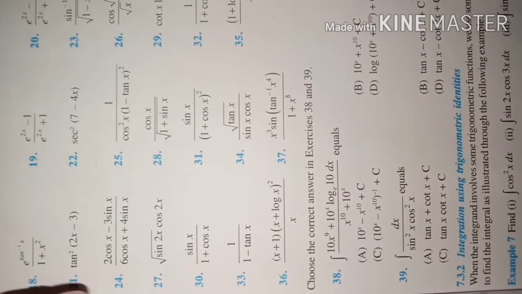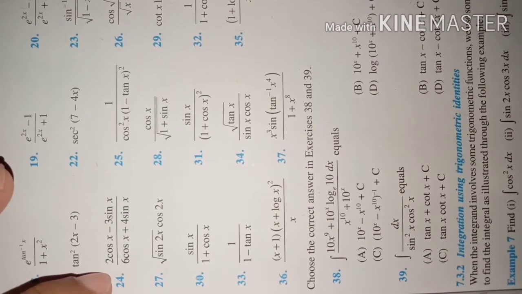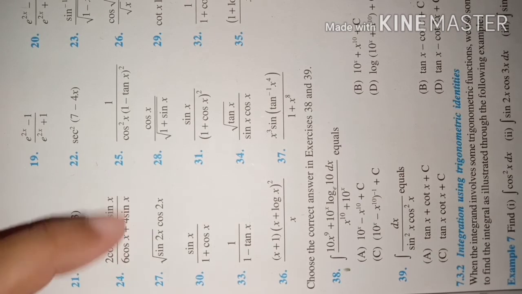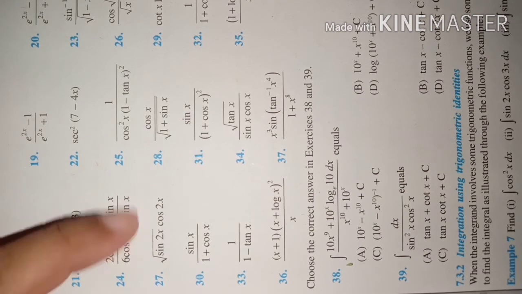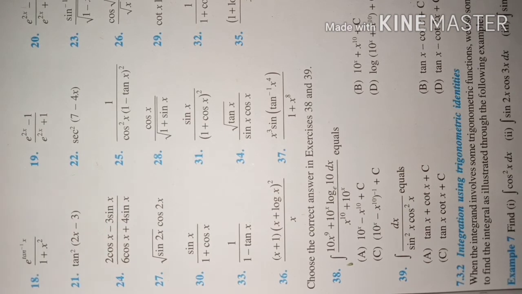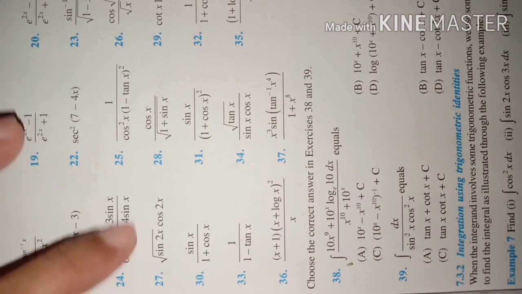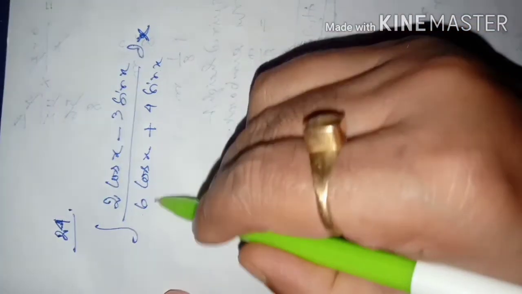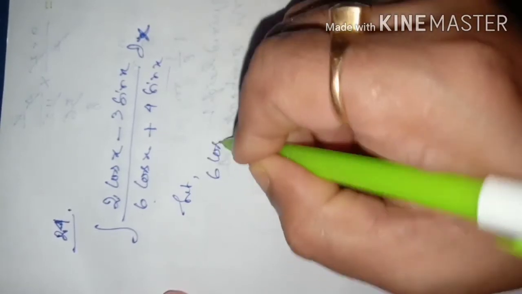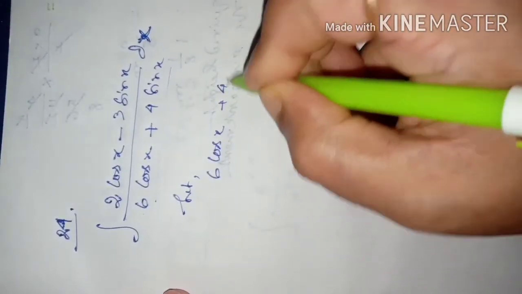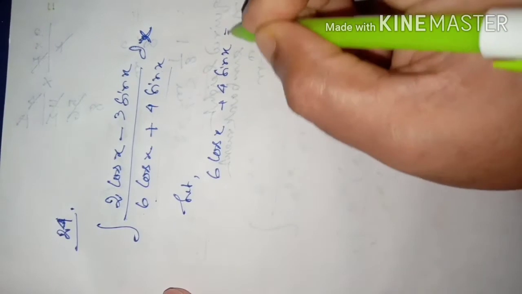Question number 24, you see. Here also, as you see the denominator, if you differentiate the denominator, you will get the numerator. And you should suppose the denominator as t, a new variable. Means you substitute this denominator by a new variable, say t. Let 6 cos x plus 4 sin x be t.